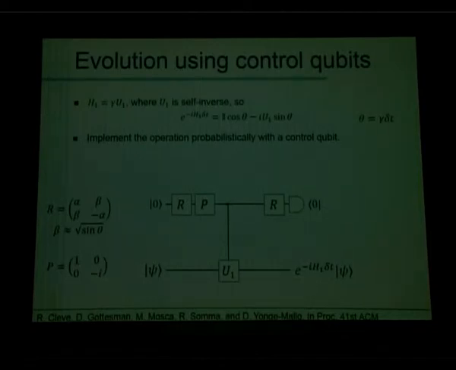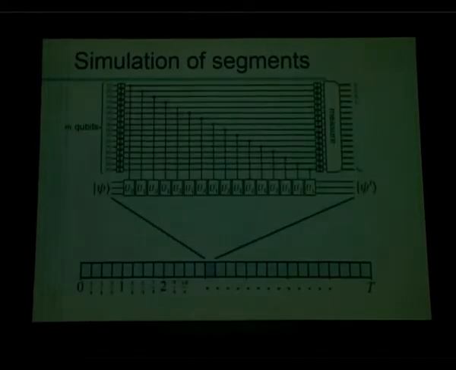So then what we're wanting to do is we're going to split up the entire time into small segments, and each of these segments is going to have many of those exponentials of self-inverse things. So for each of these segments, we're going to have each of those self-inverse things being applied by these controlled operations like this.